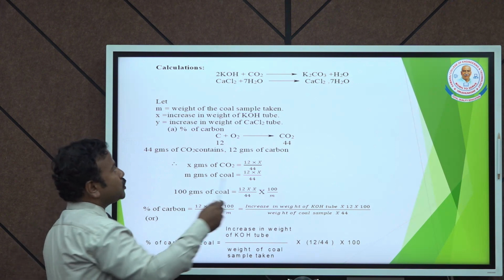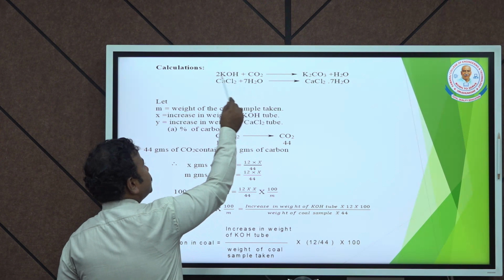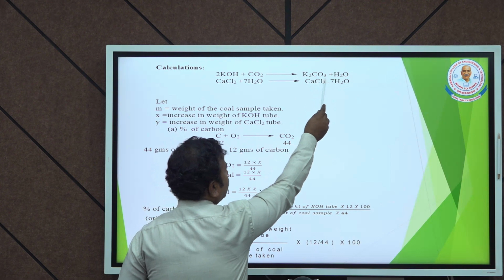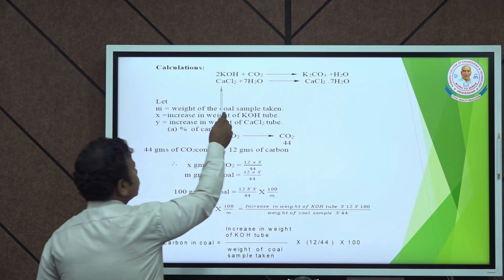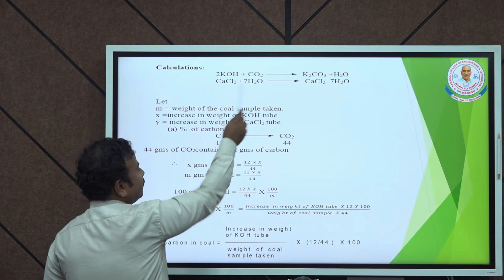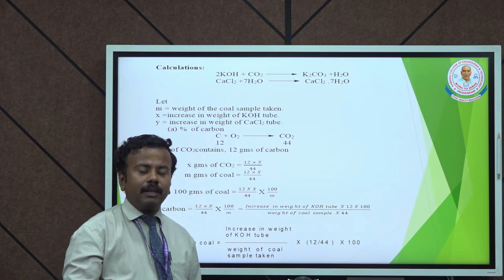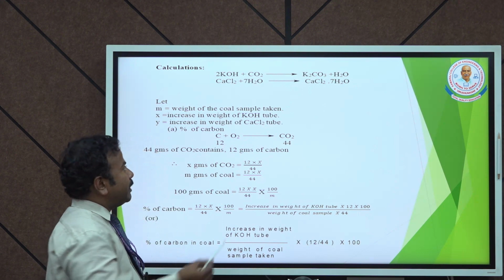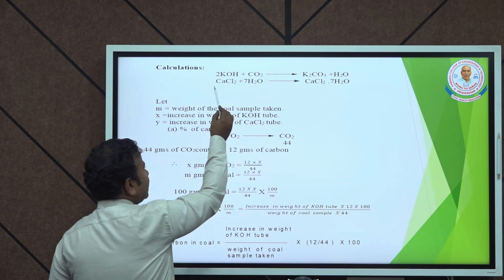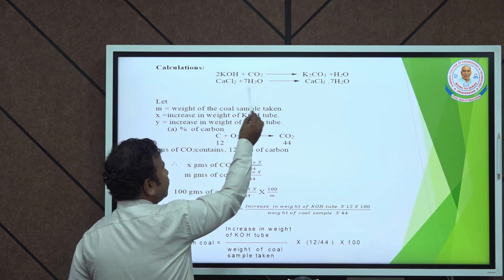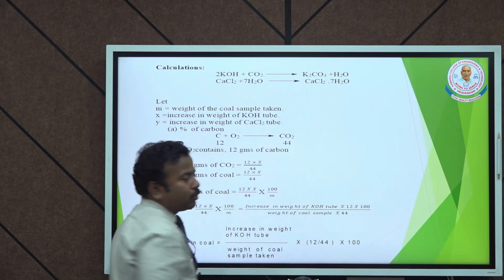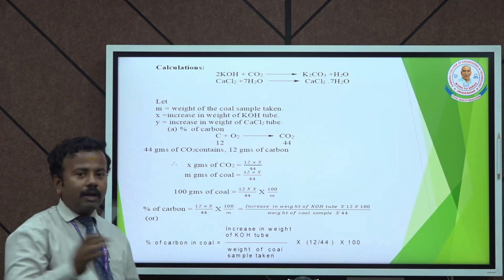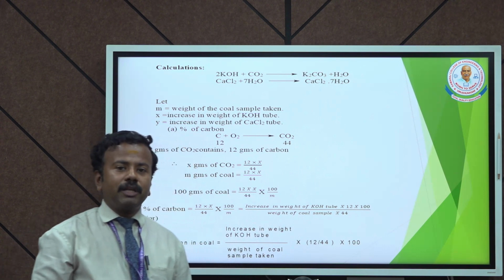The carbon dioxide is absorbed by the KOH and produces K2CO3, potassium carbonate, along with water. Next, all the hydrogen in the coal sample reacts on combustion with oxygen and forms water. The anhydrous calcium chloride reacts with the water molecules to produce calcium chloride heptahydrate, that is CaCl2·7H2O. So this is the overall reaction happening inside the combustion apparatus.